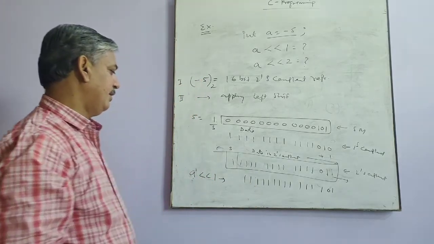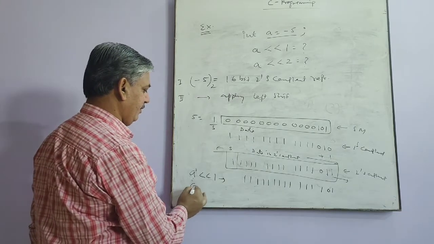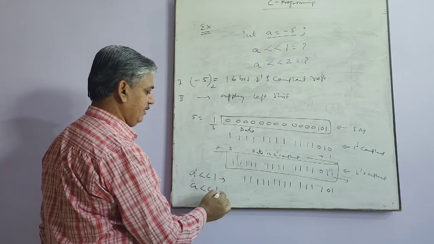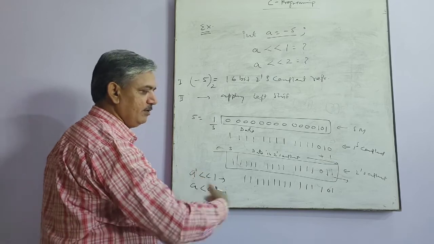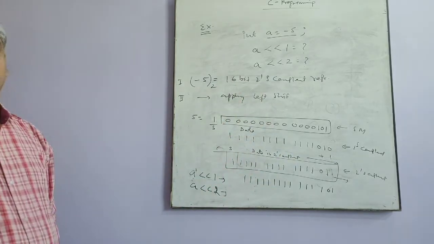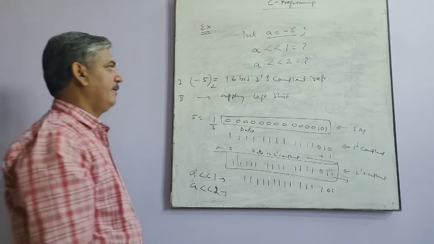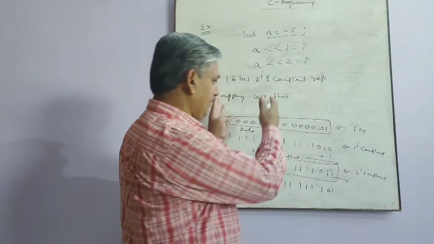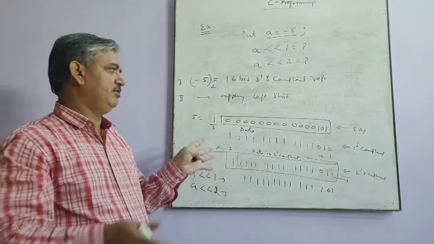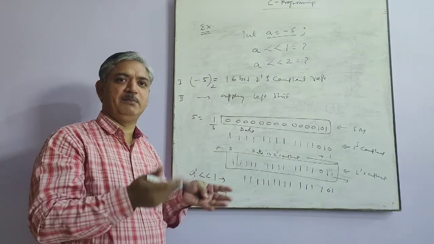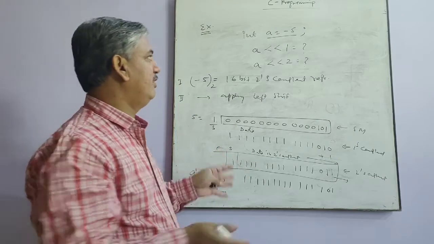Clear? And similarly for another shift, shift towards the left again by one position. Clear? So this is the method which is computed by the compiler. The shortcut method is what?